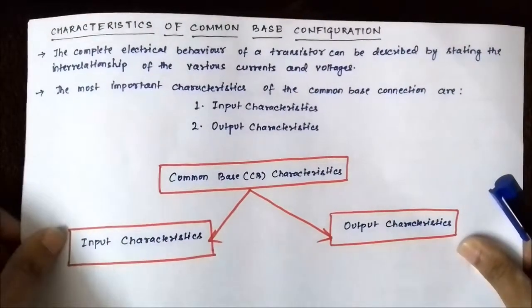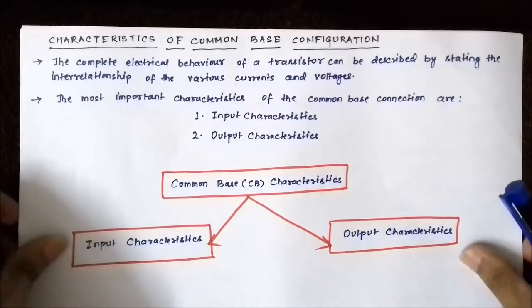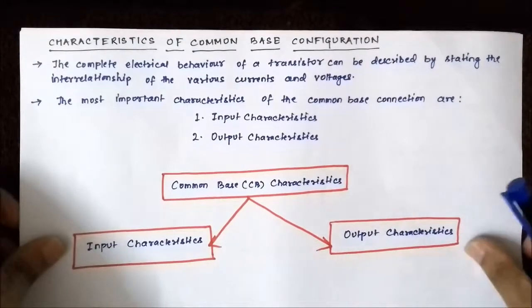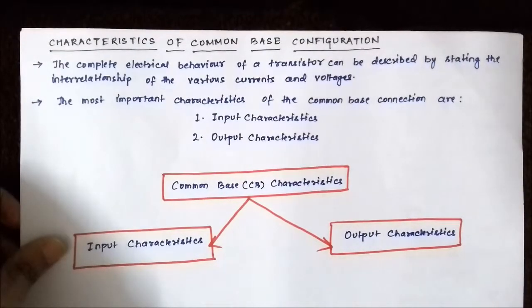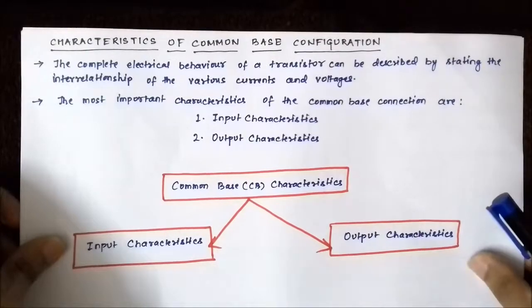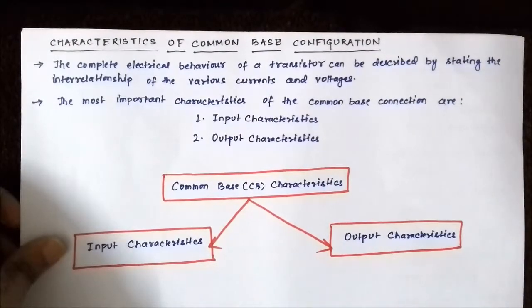So as we know, a BJT has an input terminal and an output terminal. So obviously there will be two characteristic plots, VI characteristics, which need to be discussed so that we can understand the relationship between the voltage and current in a better way.